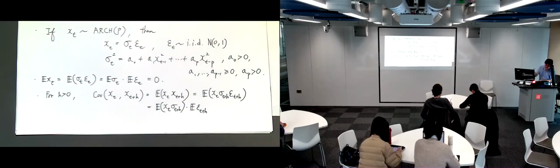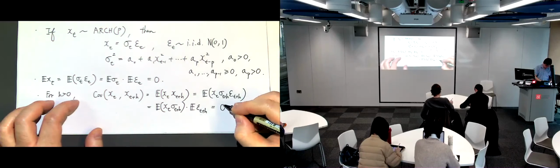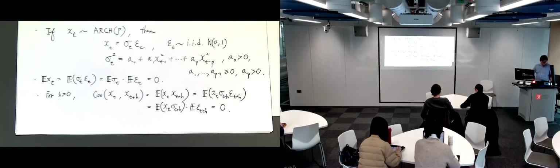Xt, of course, is only up to time t. So xt times sigma t plus h is a random variable which is determined up to t plus h minus 1. And any kind of these random variables, of course, will be independent of epsilon t plus h, which is IID. Okay? So of course, then this is 0.